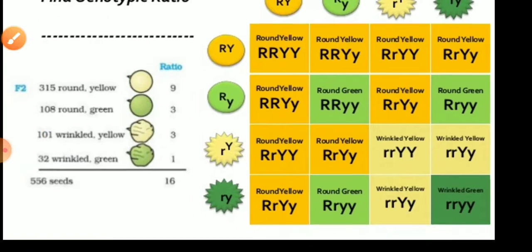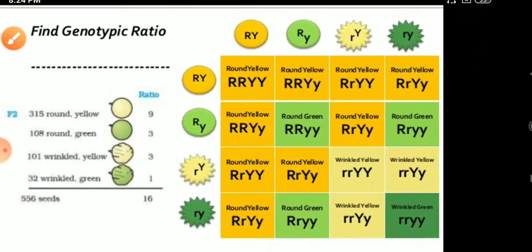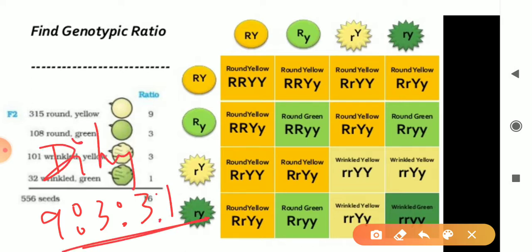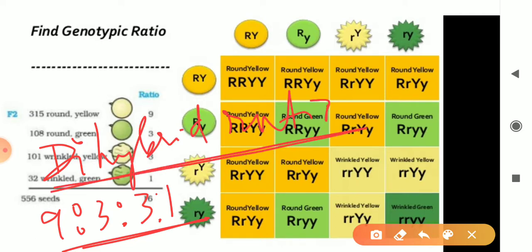So this ratio, 9 is to 3 is to 3 is to 1, is called the dihybrid ratio. A dihybrid ratio is the ratio of the F2 generation or F2 progeny when a dihybrid cross is done and the F1 generation plants are left for self-breeding.